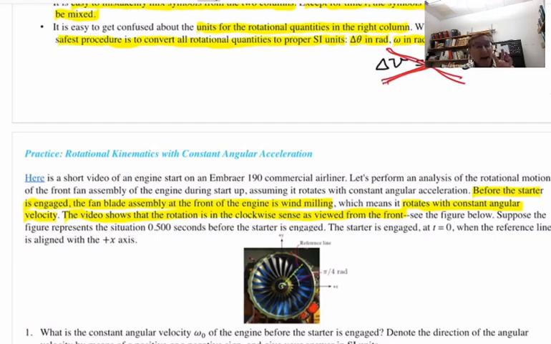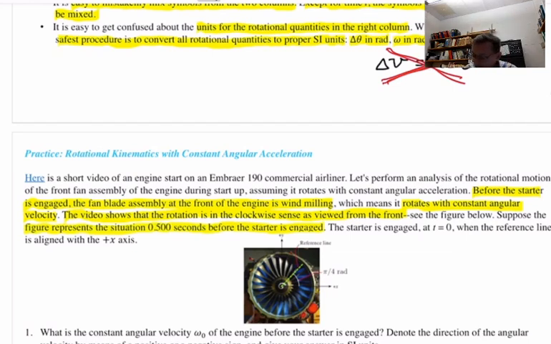So it's fixed to the fan, the engine. And then fixed X and Y axes, they don't rotate with the engine. And so the angular position of the jet engine will be denoted by the angle between that green reference line and the plus x-axis. So we're going to do the following. We're going to suppose that the figure we've got here represents the situation exactly half a second before the starter is engaged, 0.5 seconds before the starter is engaged.